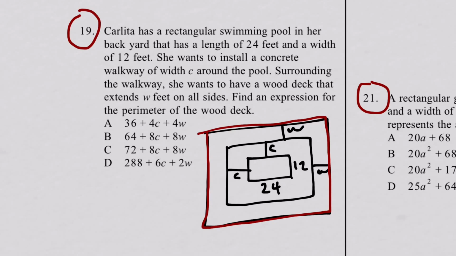Okay, so to start with the length, this is 24 plus, because we're adding C on both sides for the concrete walkway, that's 2C. And then the wooden deck is going to be W on both sides, right? It's W on this side and another W on this side, so plus 2W.